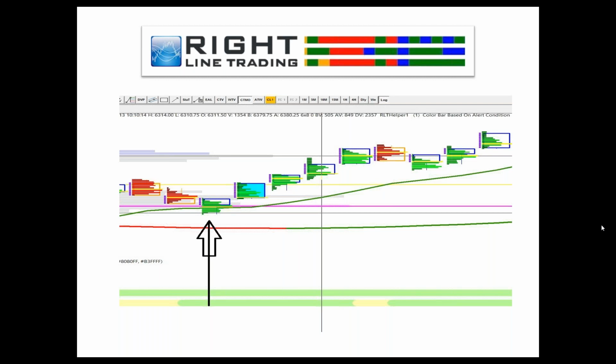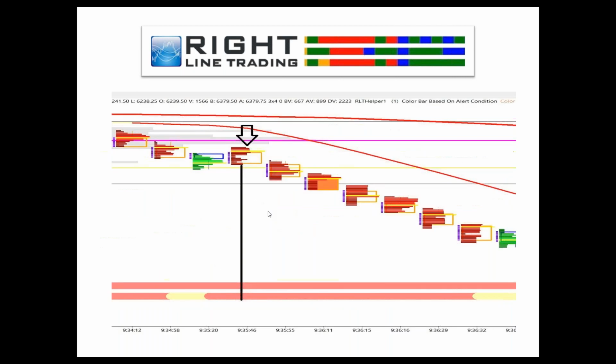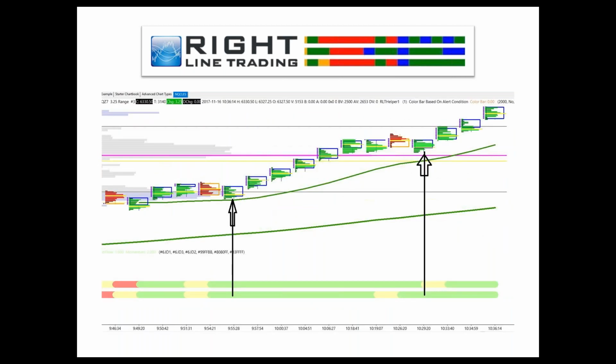The purple dots. I'm trying to see where there's a purple dot. Are these the purple dots that you're looking at, David?